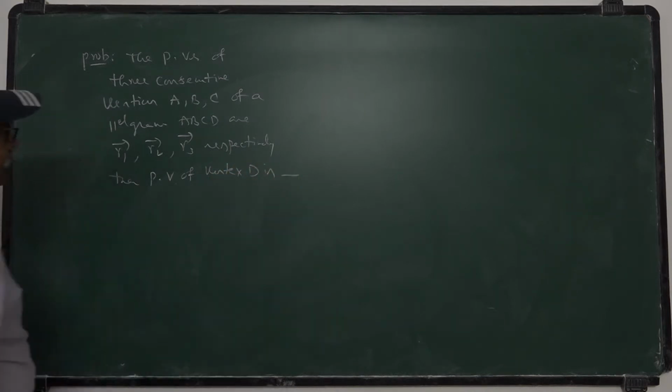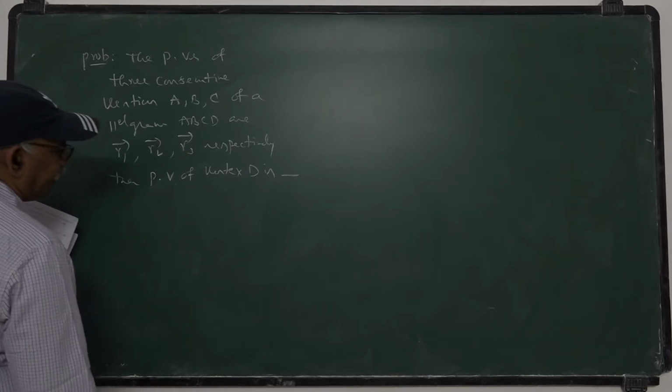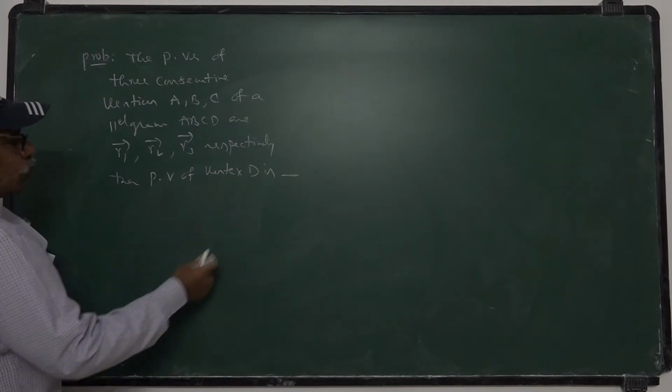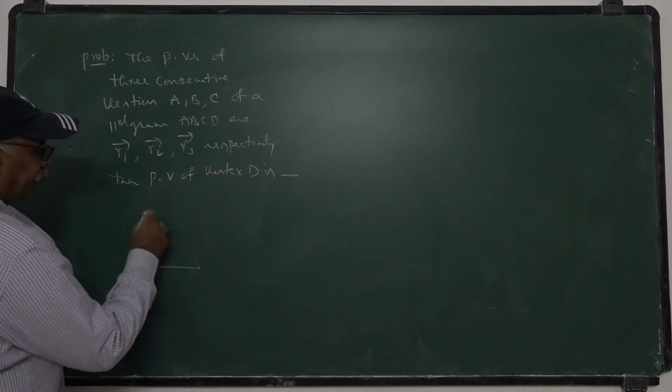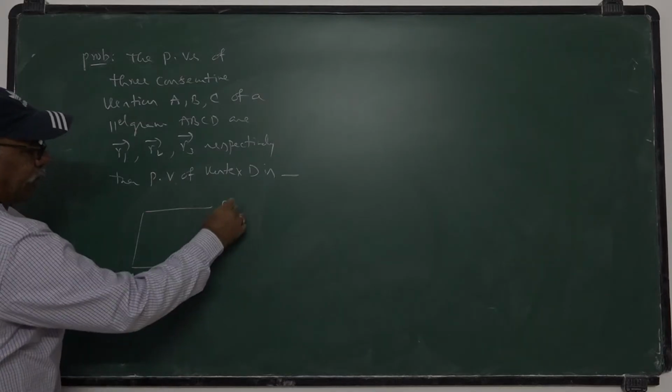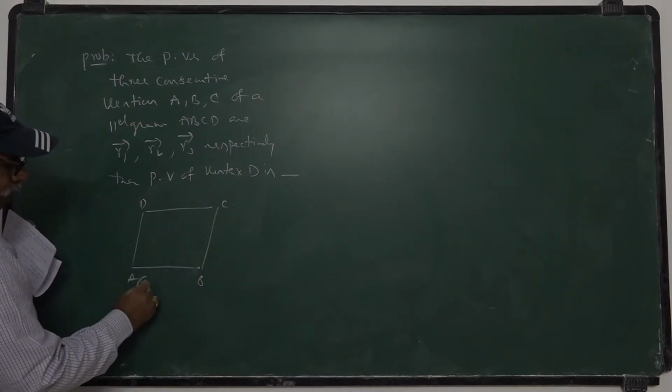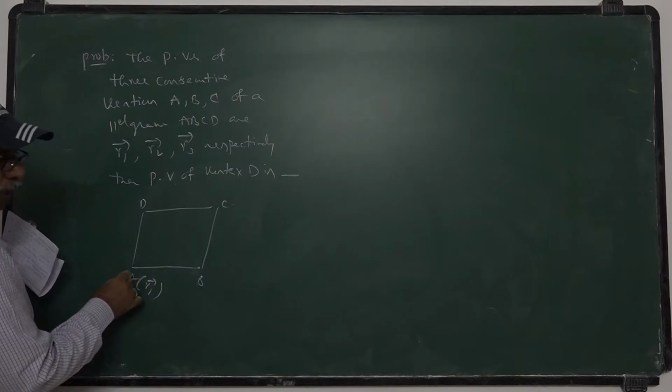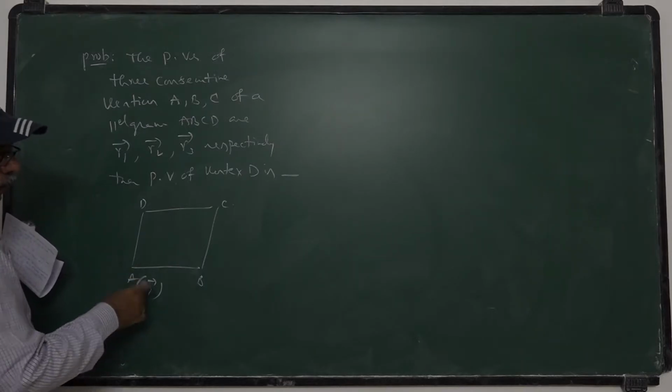The position vectors of three consecutive vertices of a parallelogram ABCD, which are nothing but A, B, C here, are R1 bar, R2 bar, R3 bar respectively. Then the position vector of the fourth vertex. This is a parallelogram. The position vector of the point A, that means OA bar, is R1.